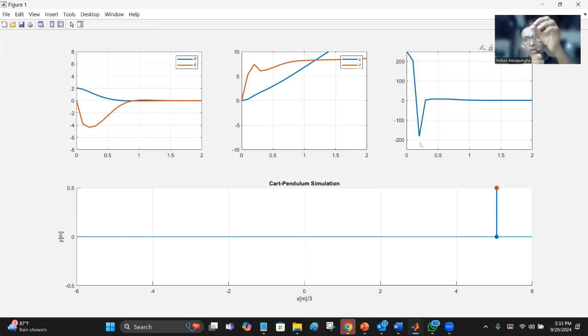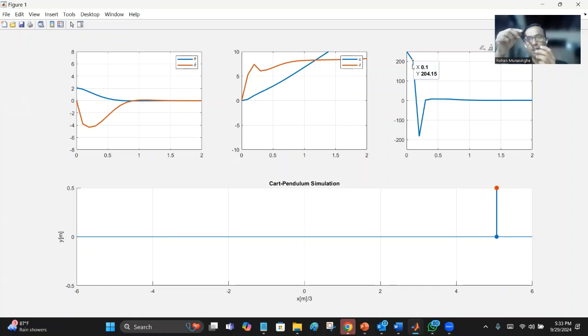It immediately stabilizes in the negative direction and then stabilizes the plant. This is a fantastic performance. But the problem is, do we have a good actuator to produce these aggressive controls? That is the problem, right? But without that kind of aggressive control, you cannot recover the pendulum from a situation like that.